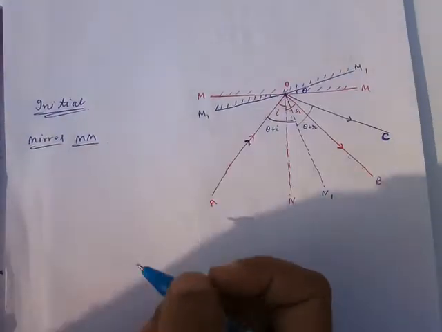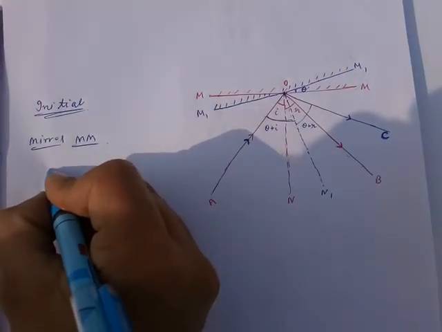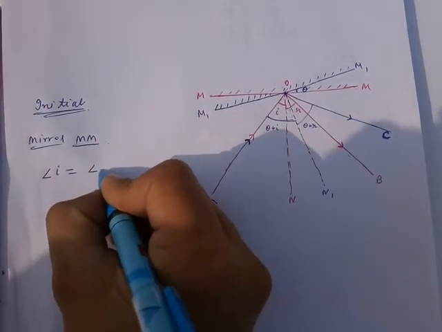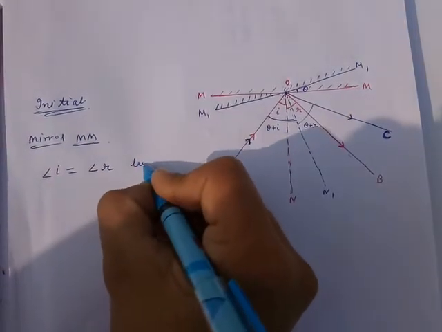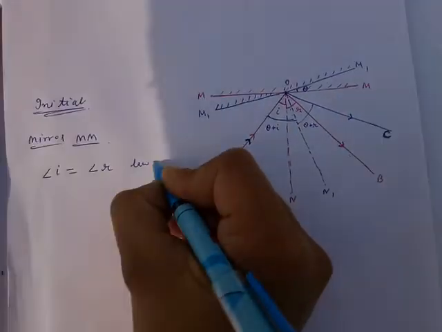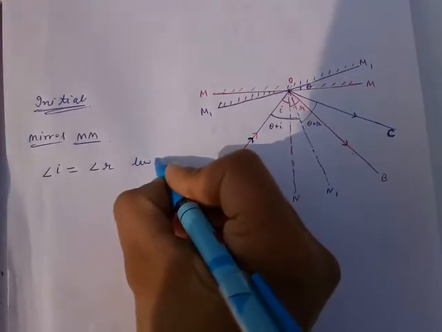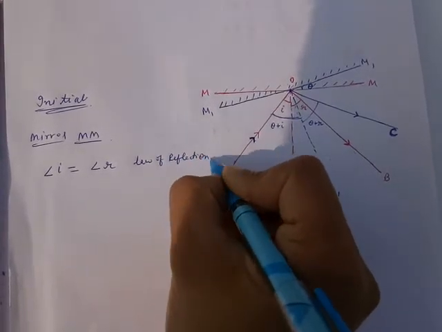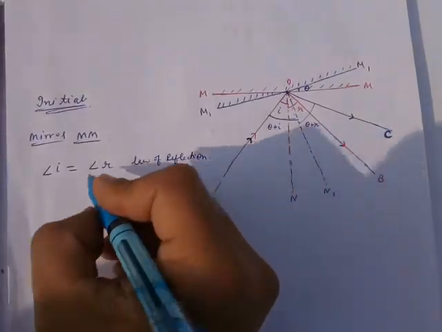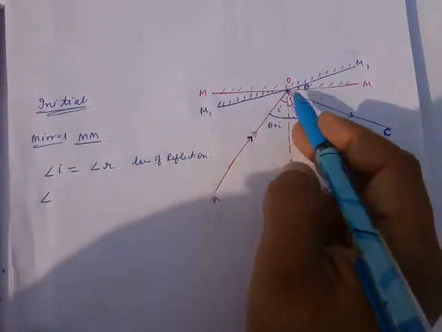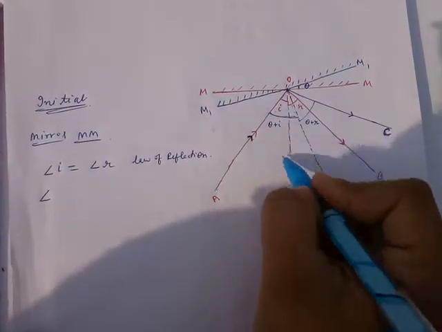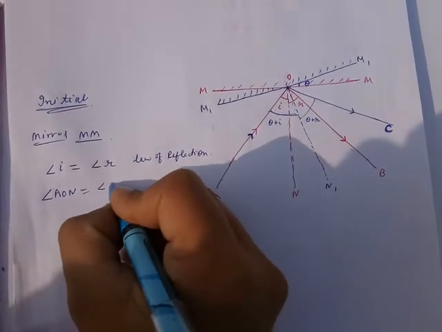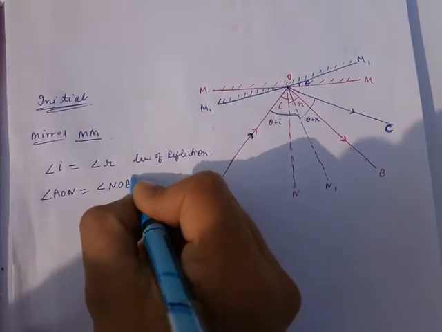Then the angle of incidence is equal to the angle of reflection by the laws of reflection. Therefore angle I, which is angle AON, is equal to angle NOB.